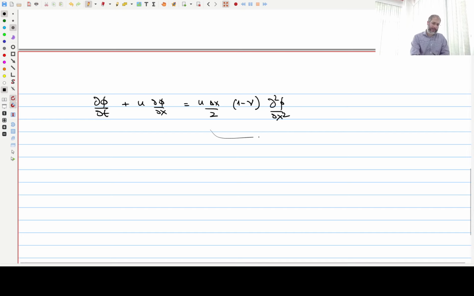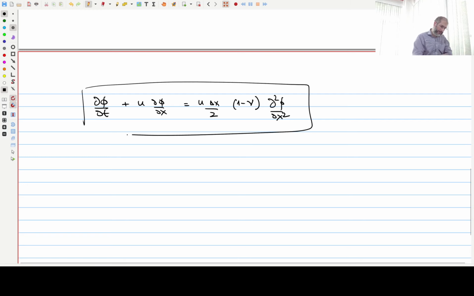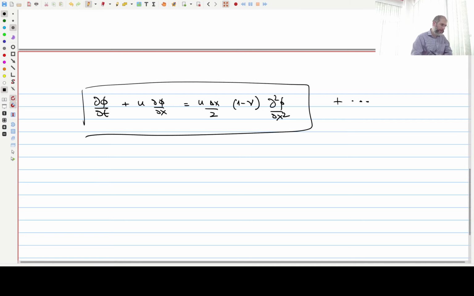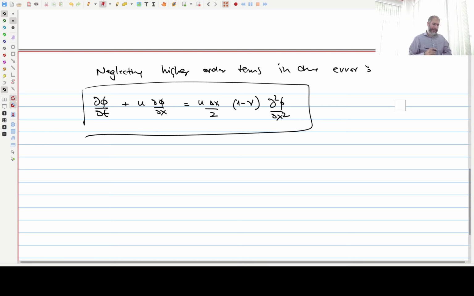So if I was to add this term with another higher order term, then the sum will mostly contain this first term. Okay, so now I'll remove that. Neglecting higher order terms in the error on the right hand side, you get this equation.